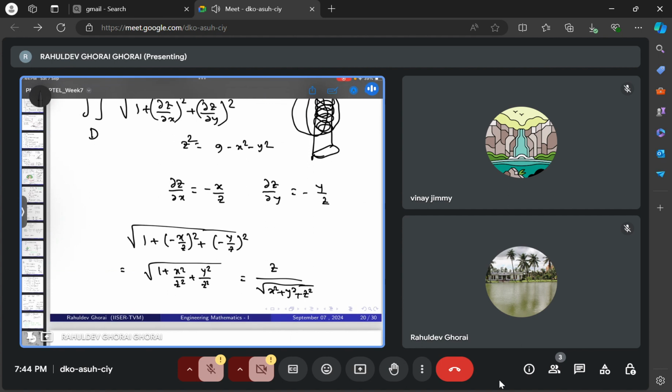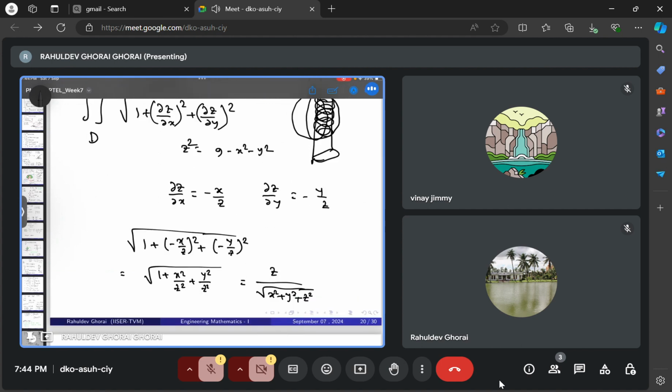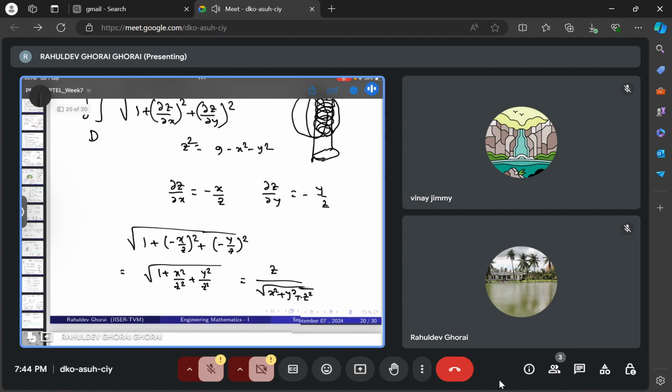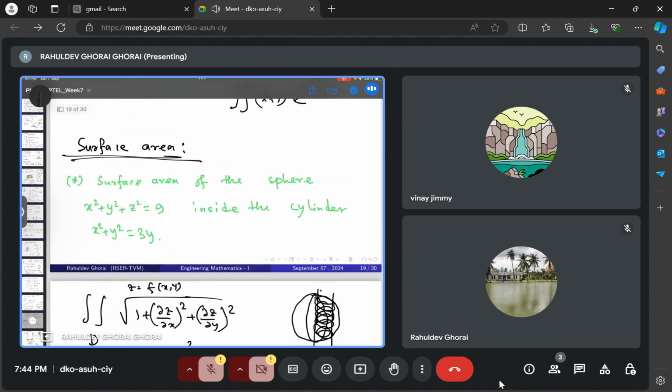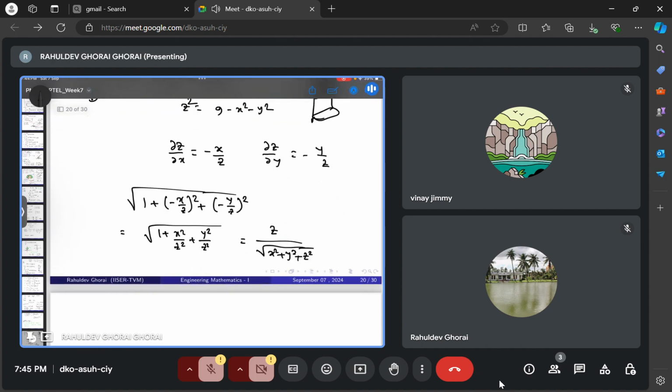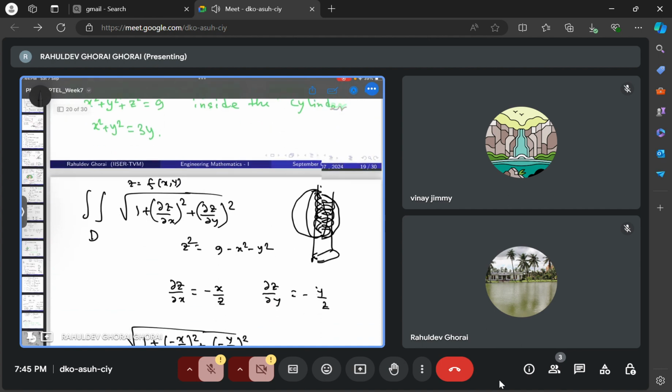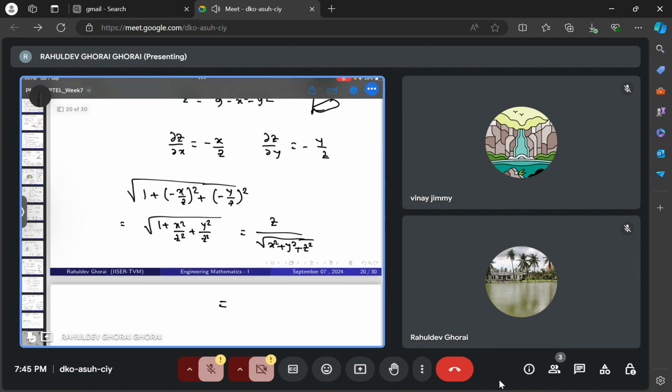In this way, what you get, let me write it. This is your integration over x square plus y square plus z square. Now, since x square plus y square plus z square is 9, you have to put the value of z. The value of z will be the square root of 9 minus x square minus y square.